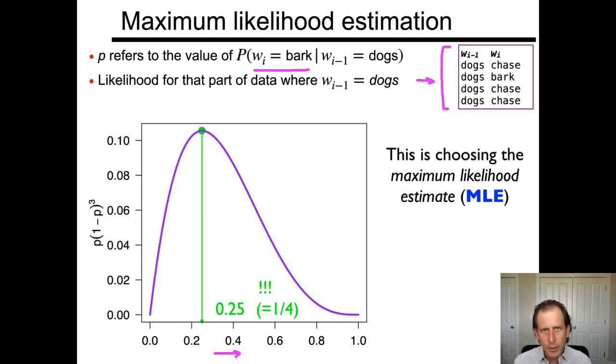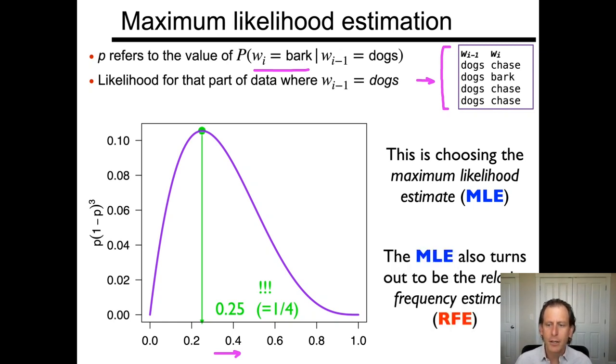In the case of multinomial estimation, the maximum likelihood estimate turns out to be what's known as the relative frequency estimate. This is the most intuitive thing when inferring probabilities in these discrete cases: you count up events and divide by the conditioning event count, with the outcome event count in the numerator.